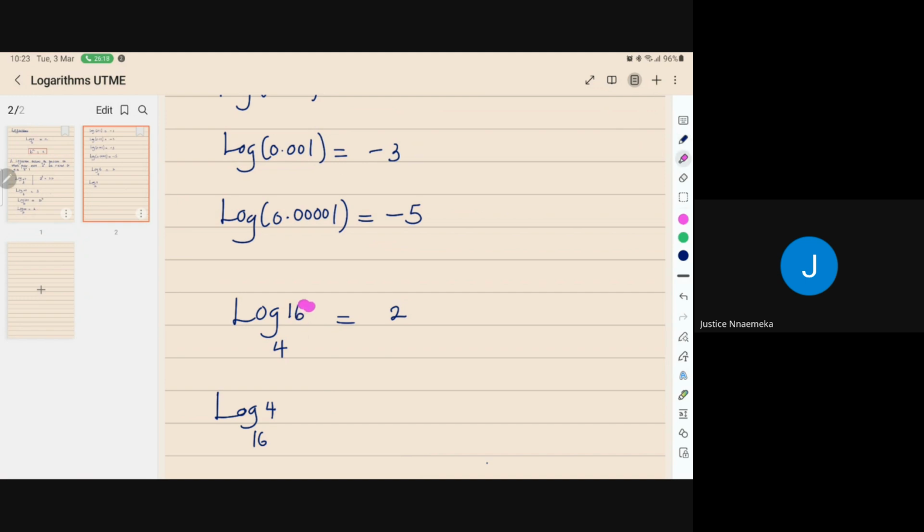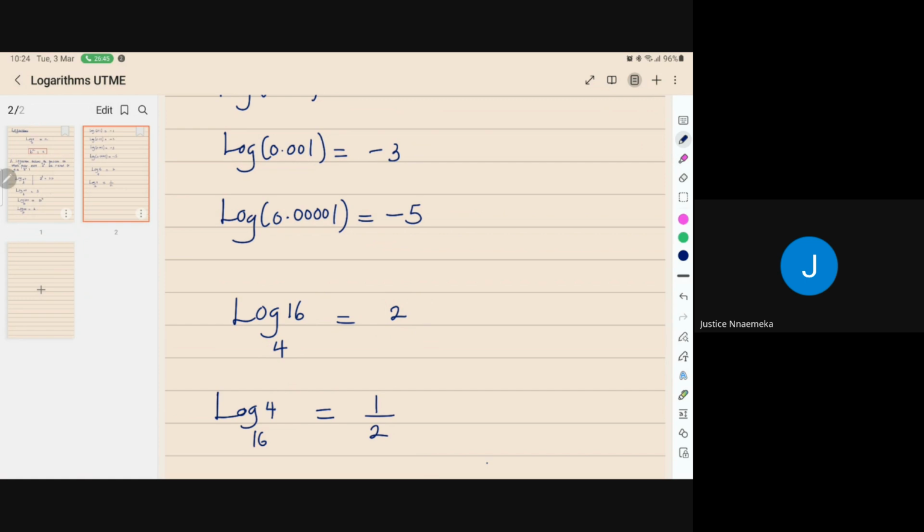When the number inside the logarithm is bigger than the base, you should expect a whole number. But when it is swapped, we'll be expecting a fraction, because the base is bigger than the number inside our logarithm. So this is going to be equal to 1 over 2.